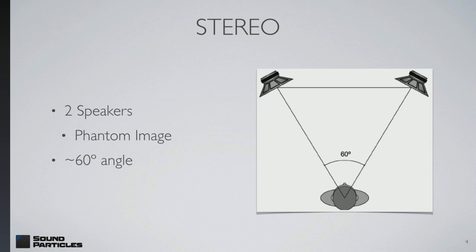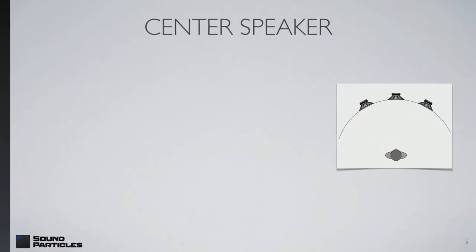Instead of a sound that feels like it's coming from the front, your brain is going to start thinking that you have two sounds coming from the sides and nothing coming from the front. So you want a larger angle, but not too large, because otherwise stereo stops working. That's why people tend to use an angle of around 60 degrees to get the widest possible frontal image.